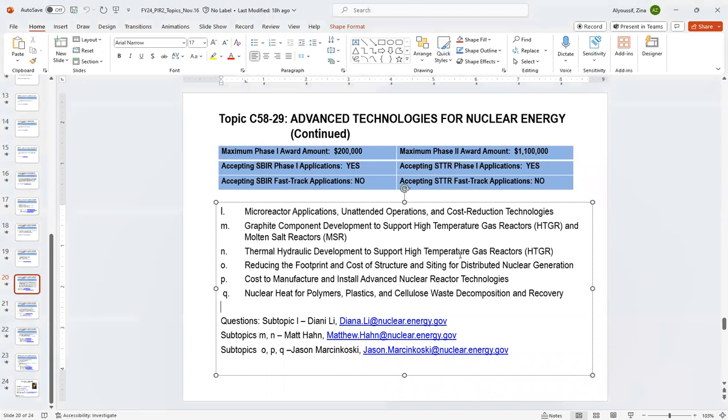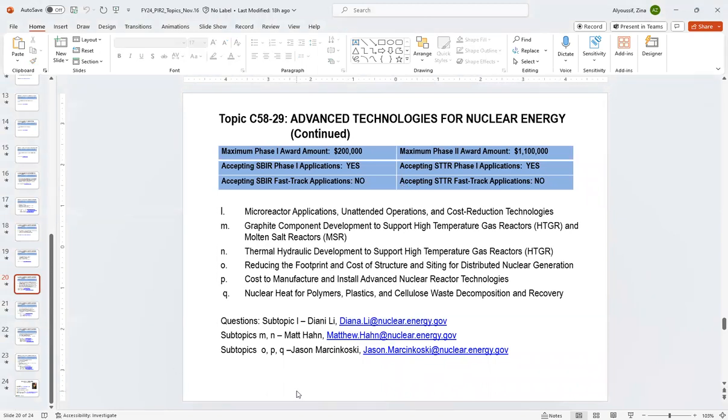So for this subtopic, this topic is about developing the site and structure requirements for advanced reactor installation and designing the site and structures to meet requirements for installation in close proximity to industrial or commercial applications.